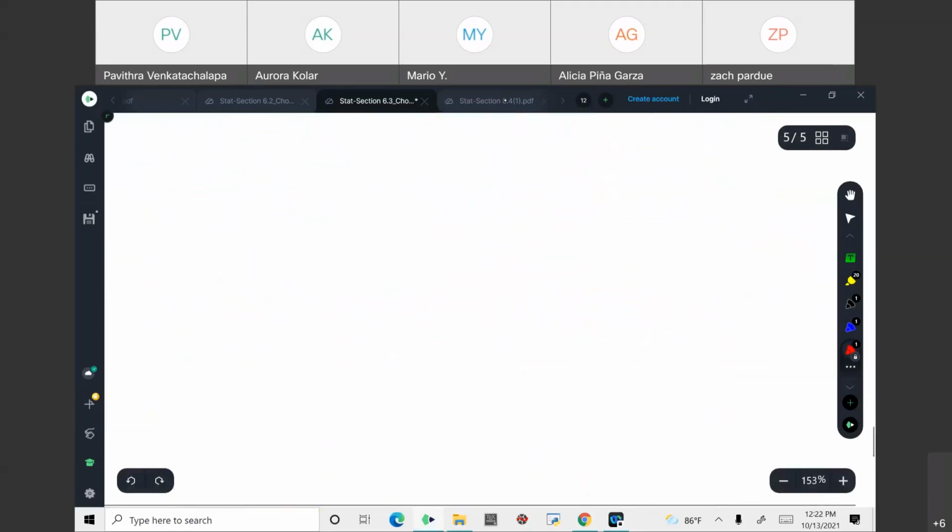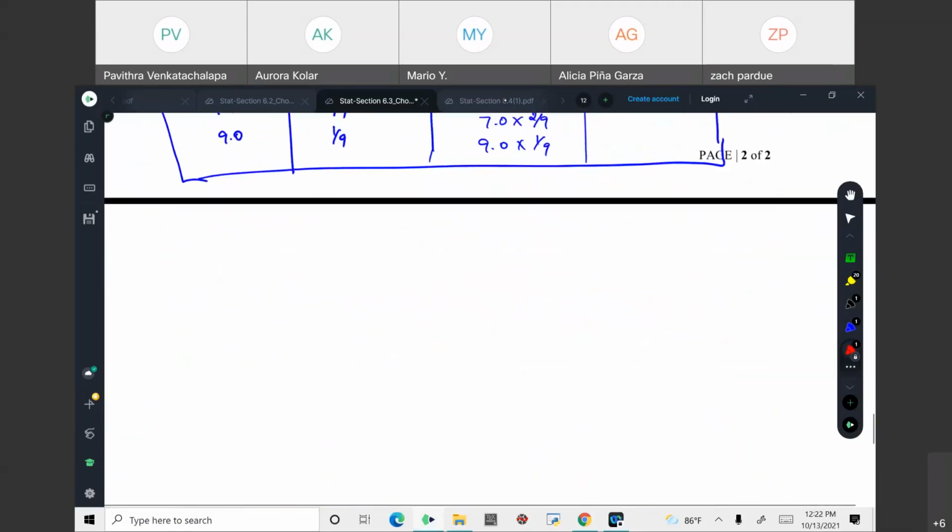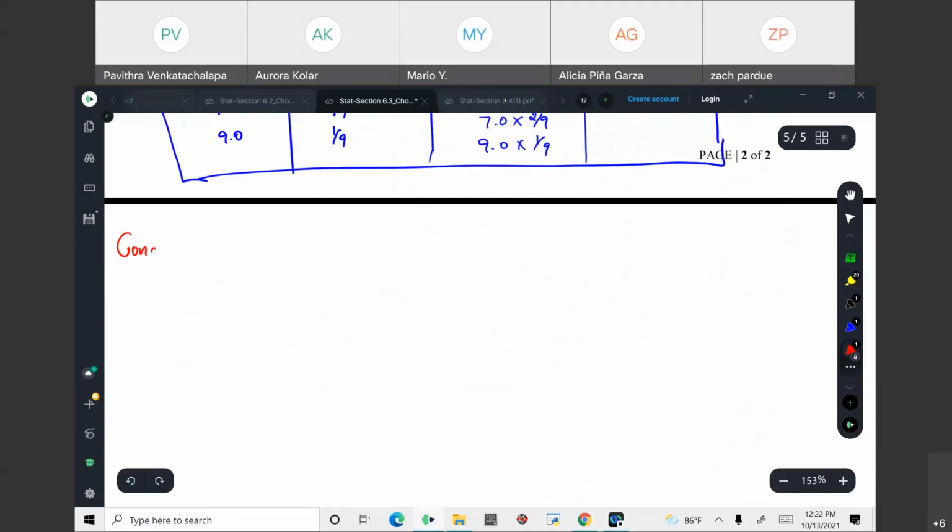Now, what can you conclude? Population mean and sample mean. Are they equal?